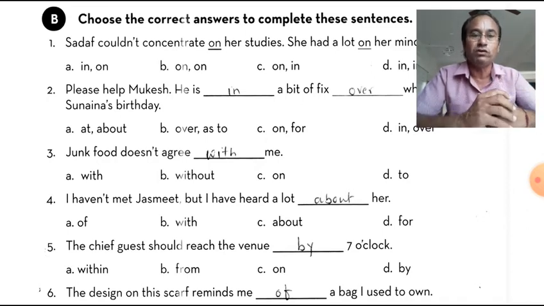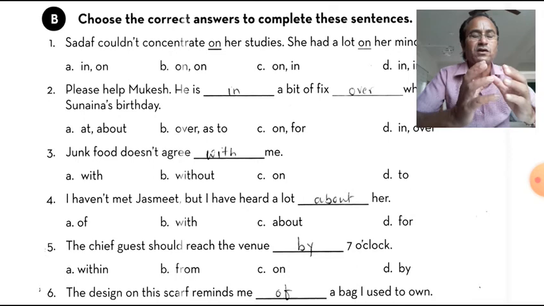So that is with. And I haven't met Jasmith, but I have heard a lot about her: of her, with her, for her. So what is befitting for the meaning of the sentence? That is about.